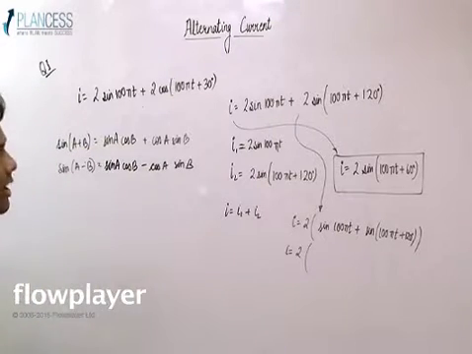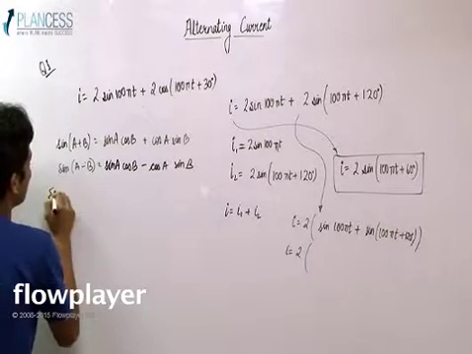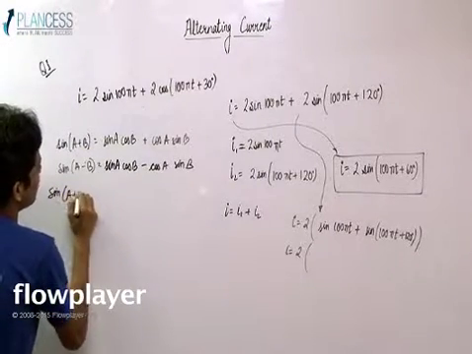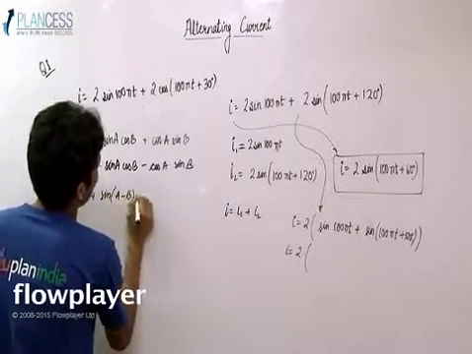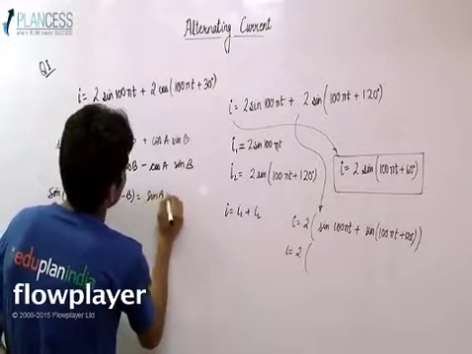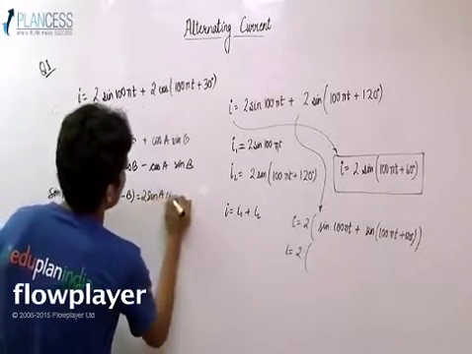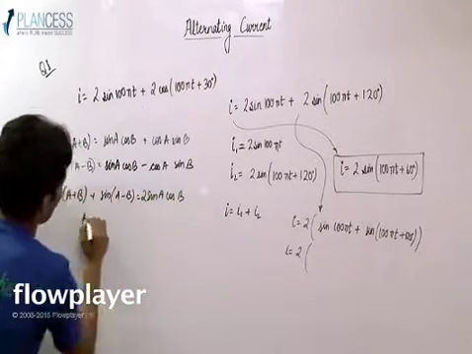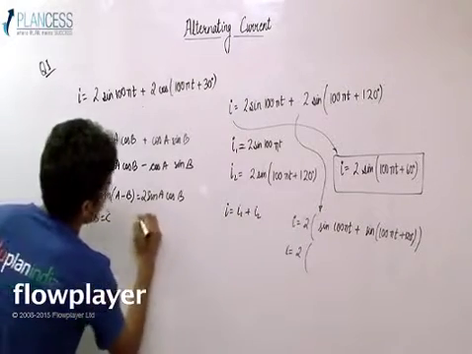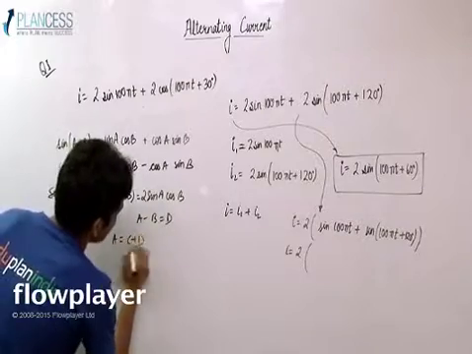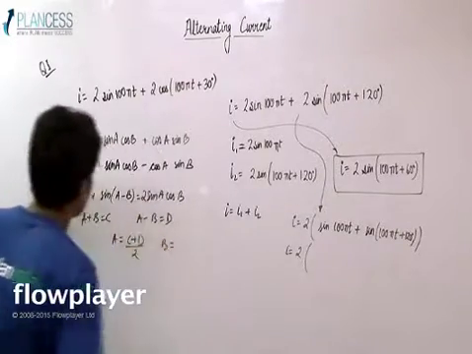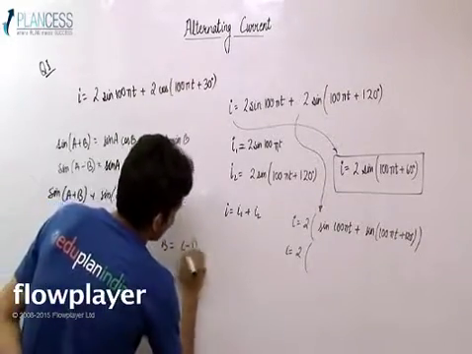Now if I add these two terms, I'll get sine A plus B plus sine A minus B is equal to 2 sine A cos B. Now I can say, let A plus B equal C and A minus B equal D. I can say that A is equal to C plus D by 2 and B is equal to C minus D by 2.